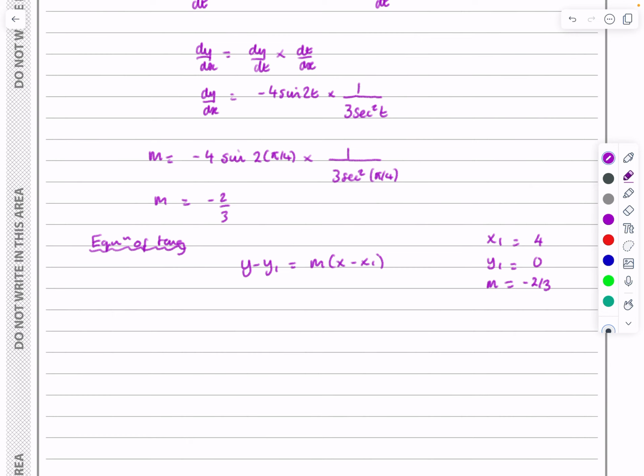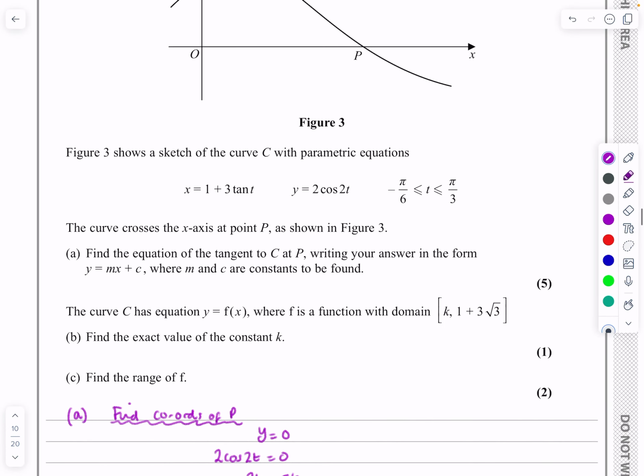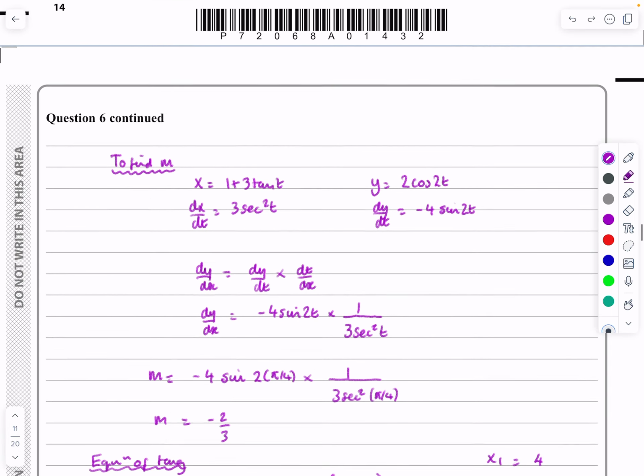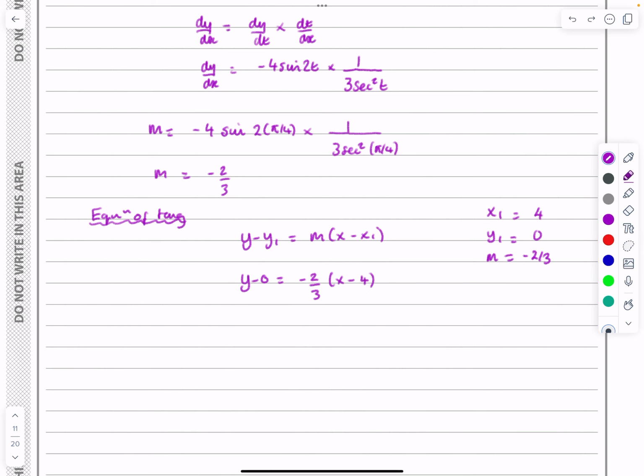So if I put all that in, I get y minus 0 equals minus 2 over 3, (x minus 4). Just go back and check. Right, because I did sort of ignore that. It says, write your answer in the form y equals mx plus c. So, okay, yeah, I suppose we've got y equals 0 there, haven't we? So that's quite simple to do. y is equal to, multiply it out, minus 2x over 3 plus 8 over 3, and that's the answer to part A.